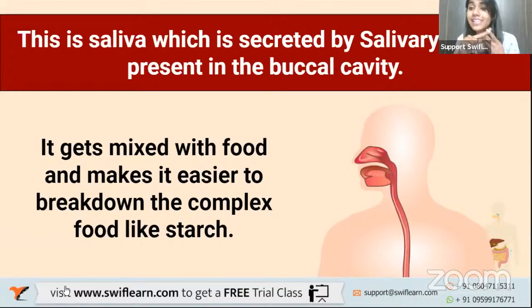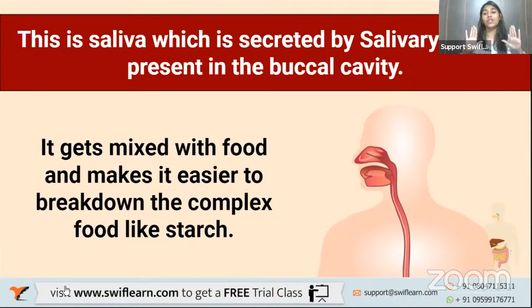Carbohydrate digestion happens by salivary amylase, the enzyme present in saliva. The breakdown of complex starch molecules into simple sugars like glucose, fructose, lactose happens with the help of salivary amylase.